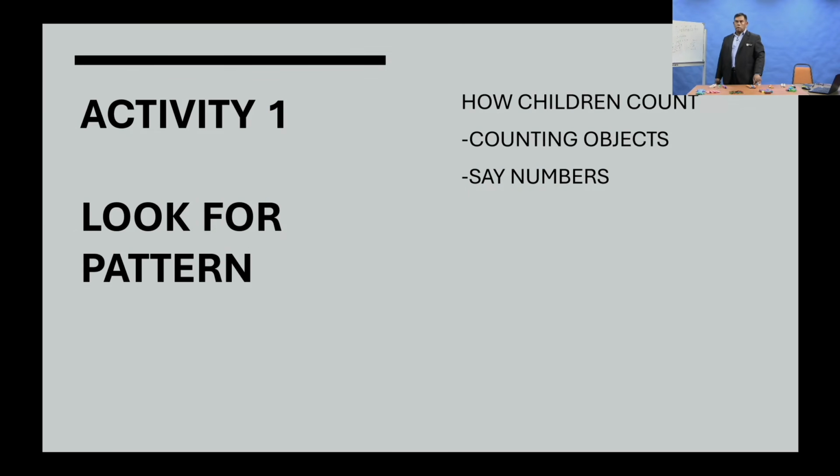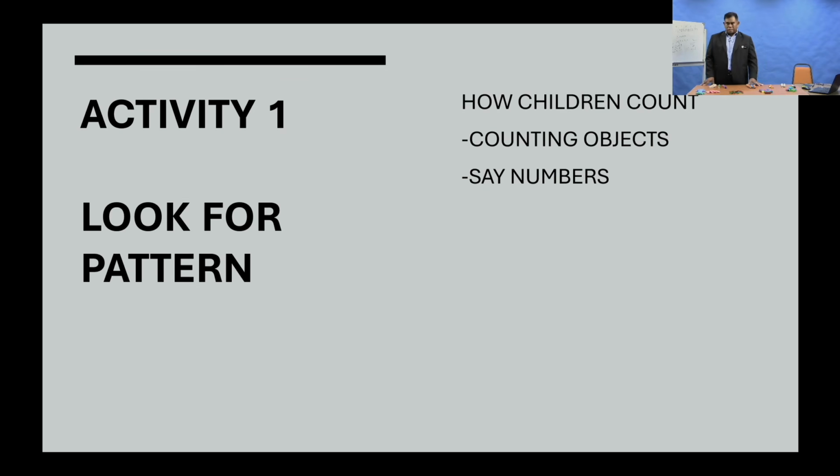So our second activity, activity 1, we look for the pattern. Actually, when we ask the student to count objects, we are looking for the pattern. Our children count: first they must have objects to count, and second they say the number.